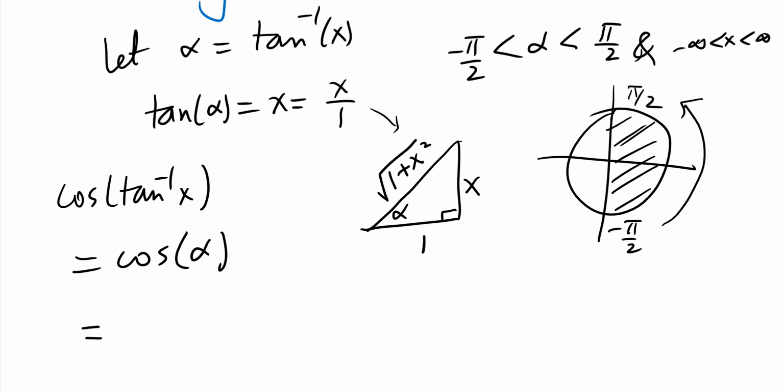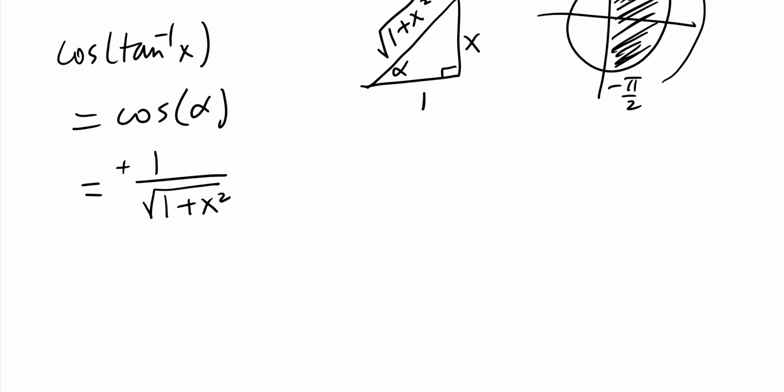Cosine alpha is the adjacent over the hypotenuse. Now, is it plus or minus? Well, in the first quadrant and the fourth quadrant, cosine is positive in both of them. So we keep it as is. So I was able to find an algebraic expression in x.